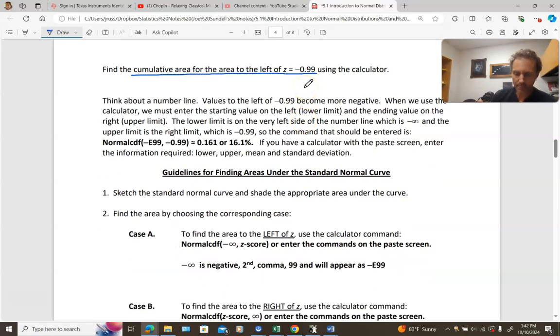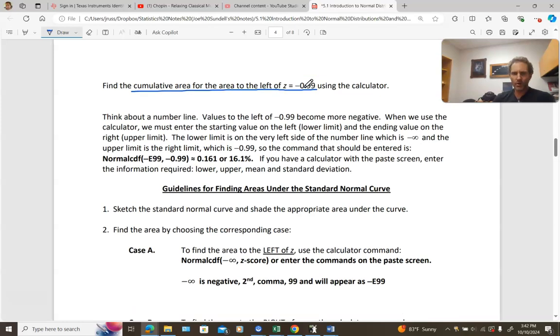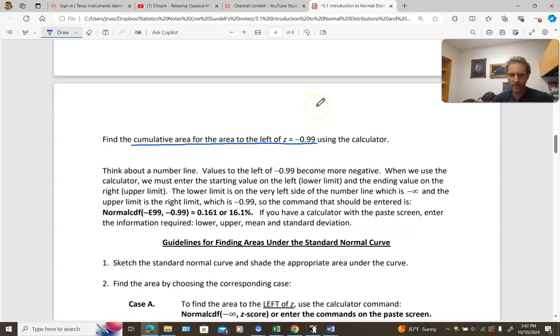All right, so I'm going to draw you another graphic right here. You'll learn that sketching out these standard normal curves is really going to help you visualize what you're trying to find. So the mean is right here. It's 0.